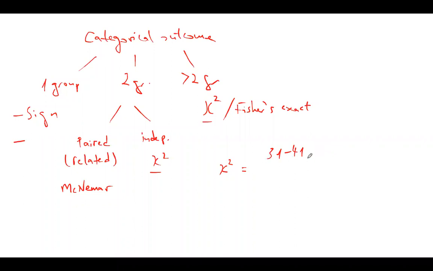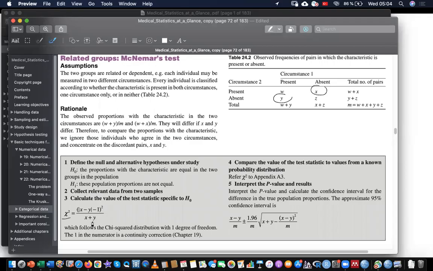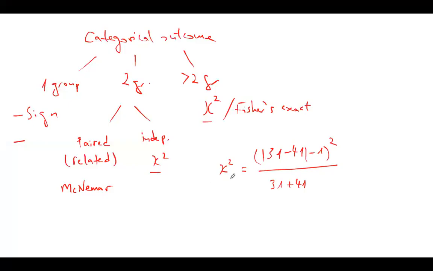You agree with me? If you have a low sample size, the minus 1 will be very important in the formula. But if you have 40 people, the minus 1 will not be so important anymore. So this absolute value, minus 1, squared, divided by 31 plus 41. That's the formula.